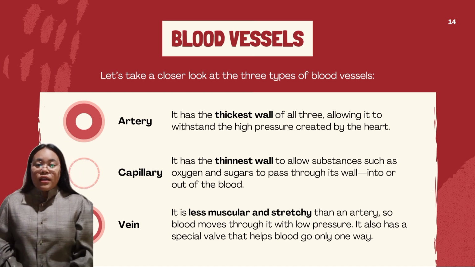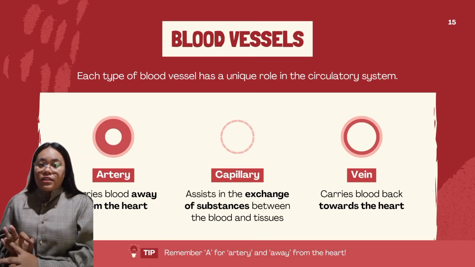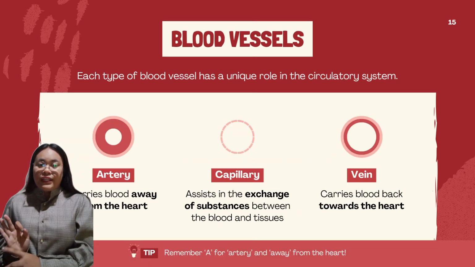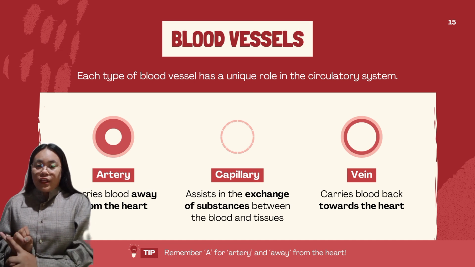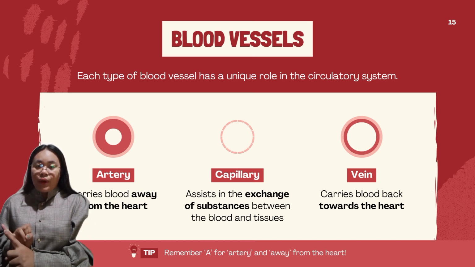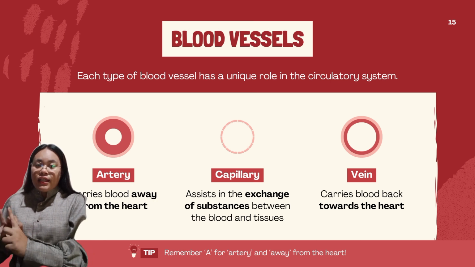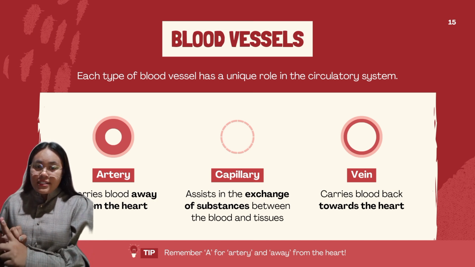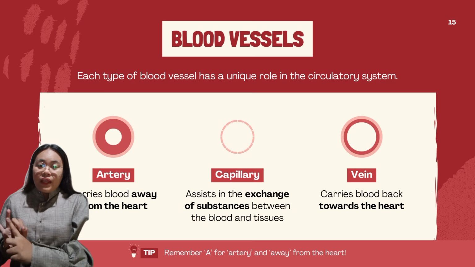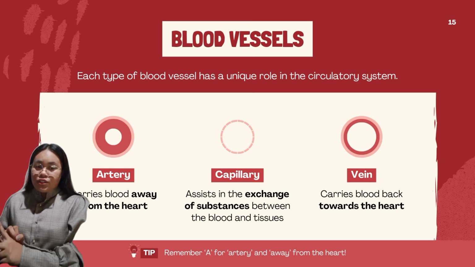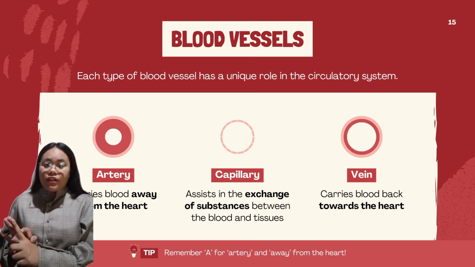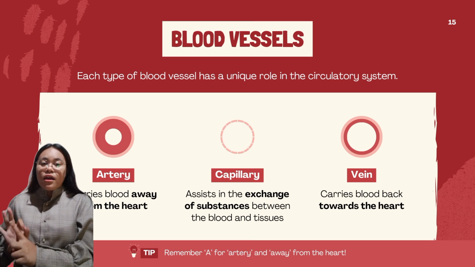The 3 types of blood vessels each have a unique role in the circulatory system. The artery carries blood away from the heart, the capillary assists in the exchange of substances between the blood and the tissue cells, and the vein carries blood back toward the heart.